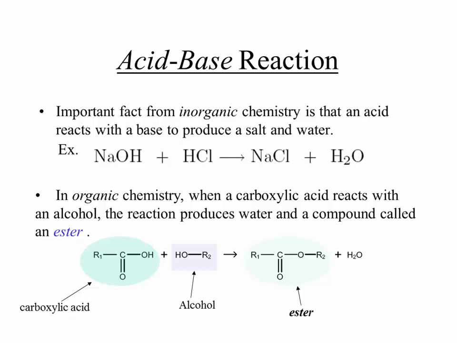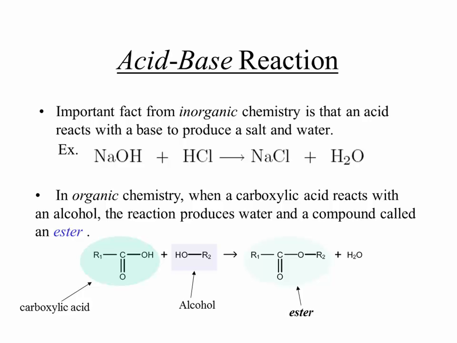Now we know from inorganic chemistry that acids react with bases to give you salt and water. For example, sodium hydroxide reacts with hydrochloric acid to give you the common salt, sodium chloride, and water. So in organic chemistry also you have similar reactions. Instead of a base, you will now have an alcohol because the alcohol has the hydroxyl group, OH.